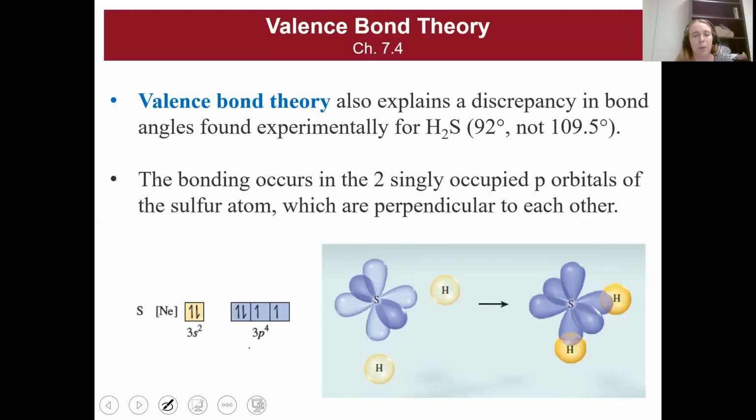And finally, valence bond theory also explains some discrepancies we see in bond angles found experimentally compared with VSEPR theory. So VSEPR theory would tell us that H2S would look basically the same as H2O, like water with a sulfur instead of an oxygen.